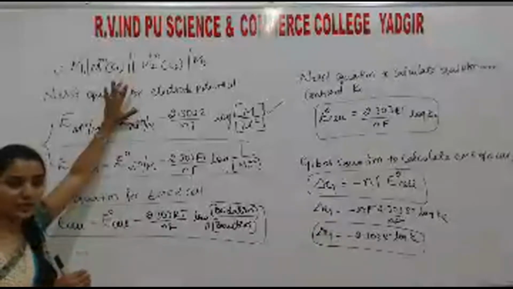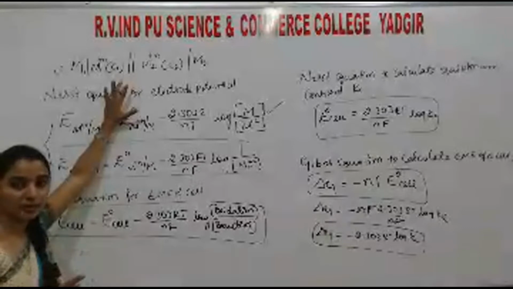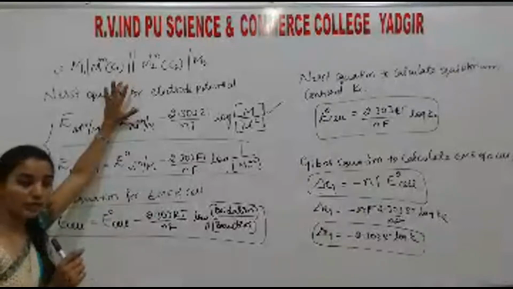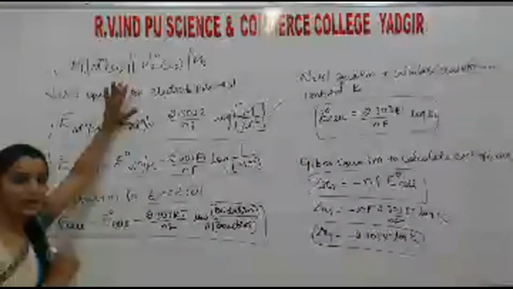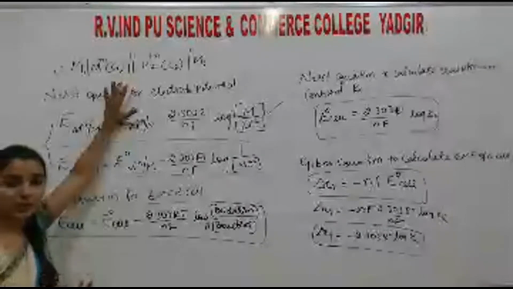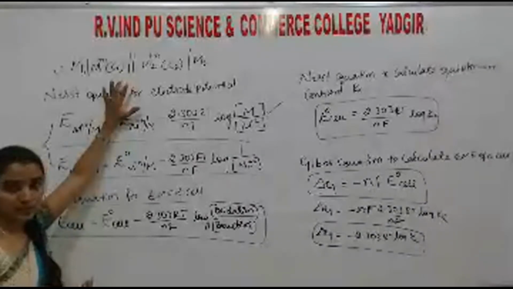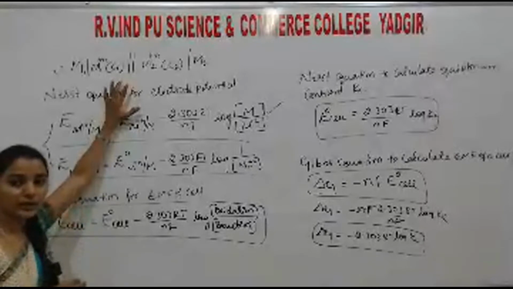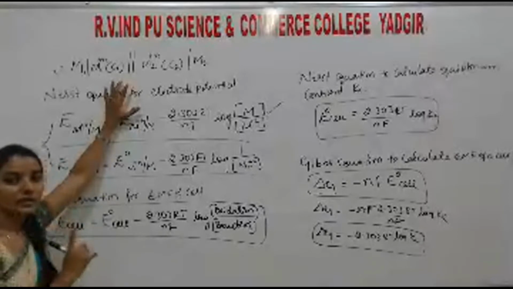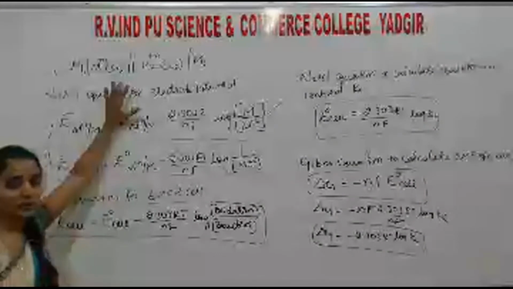Last class Ag came as plus 0.80. So even though the EMF of the cell becomes plus 0.80, that means SHE is 0, the EMF of the cell is 0.80, then the Ag value is also equal to 0.80.